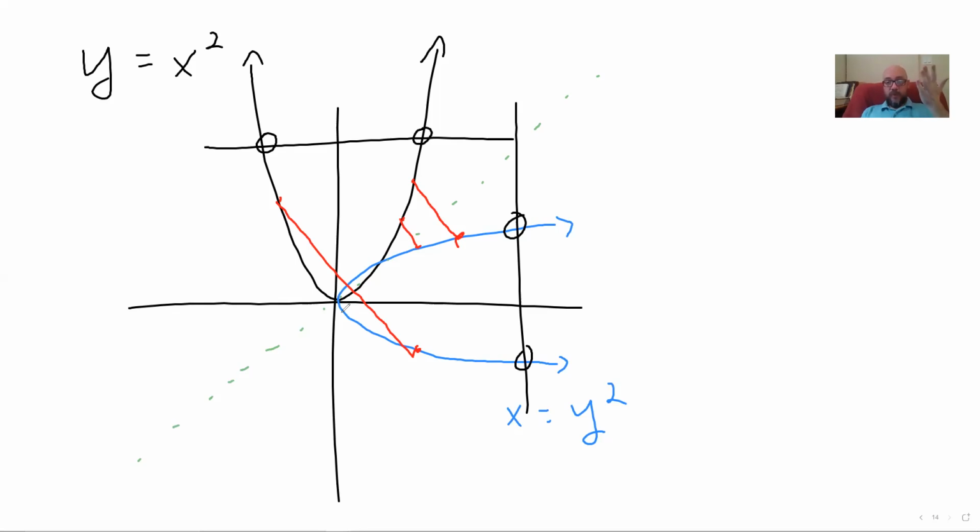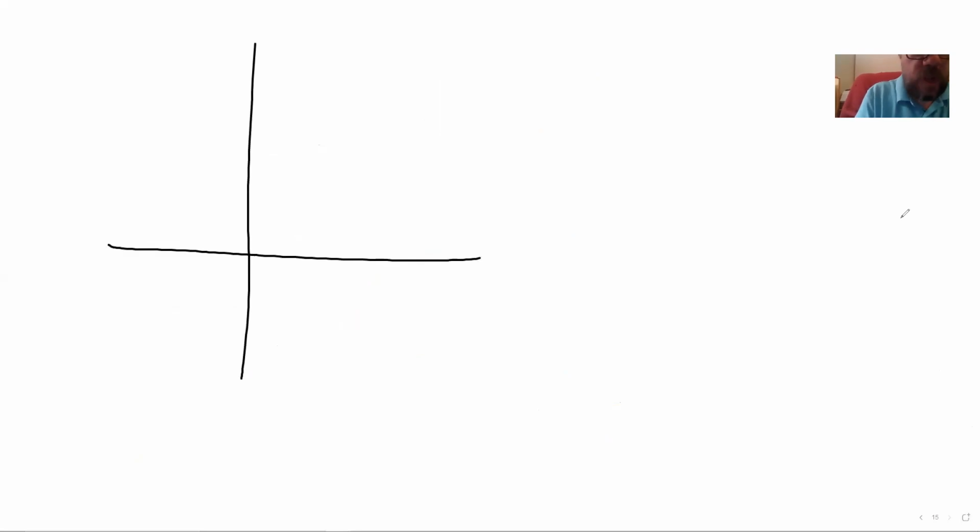So what we actually do about that, by the way, is we restrict the domain. And here's what I mean. I have y equals x squared. If I want to have no horizontal lines hit more than once, what I can do is restrict the part of this function that I am willing to consider.